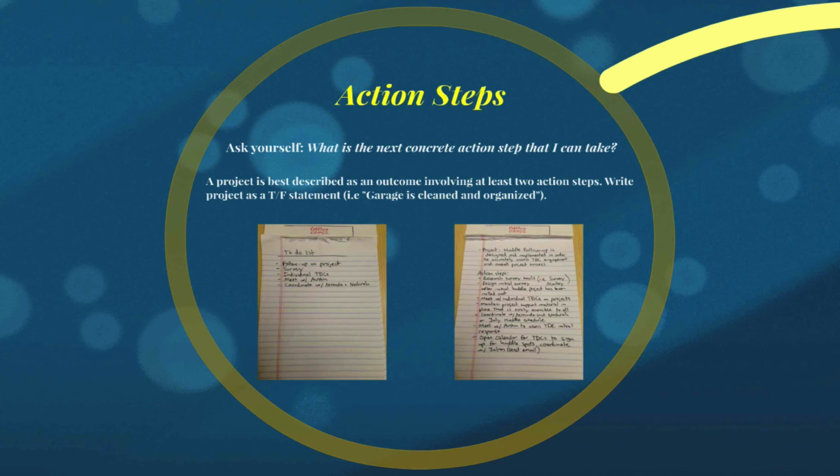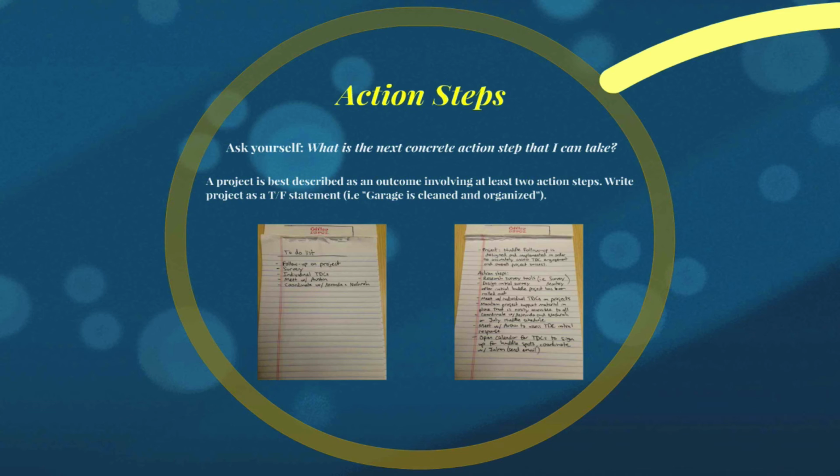Action steps. This is really important at the end when you've brainstormed. First of all, you come up with a principle, or you found a tension, you've envisioned an outcome, you've brainstormed, you're starting to organize your project, and then you ask yourself, what's the next concrete action step that I can take to move the project forward?